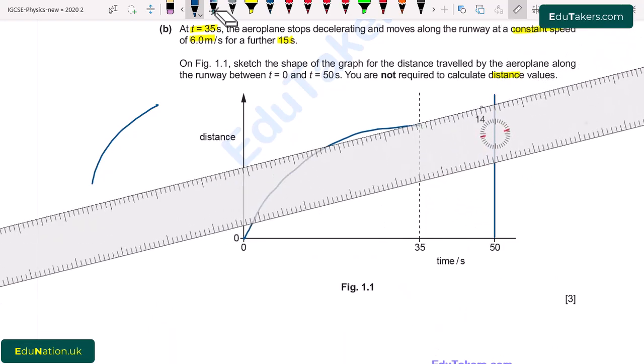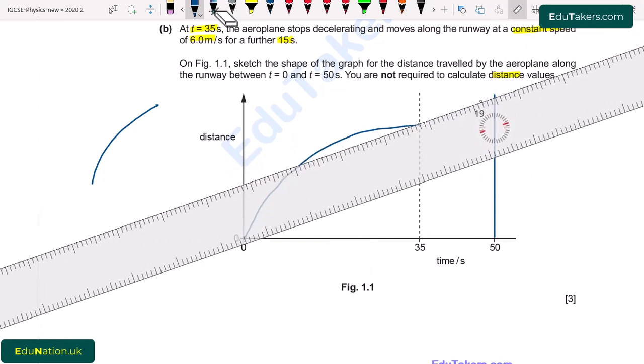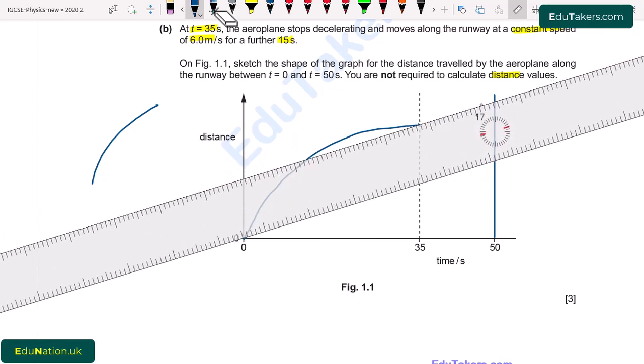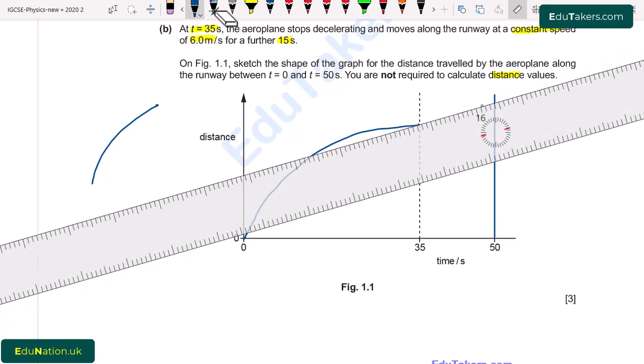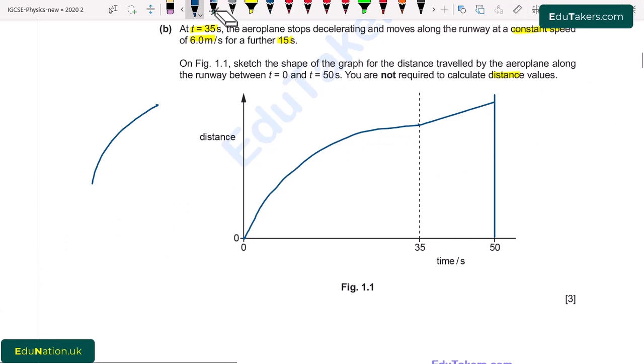And then I start from this point and draw a line just like this. So this line is for constant speed. Moving towards the next part of this question.